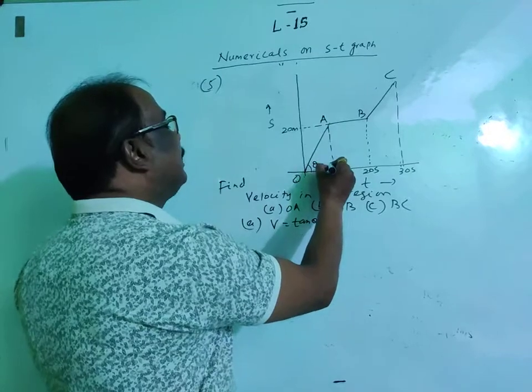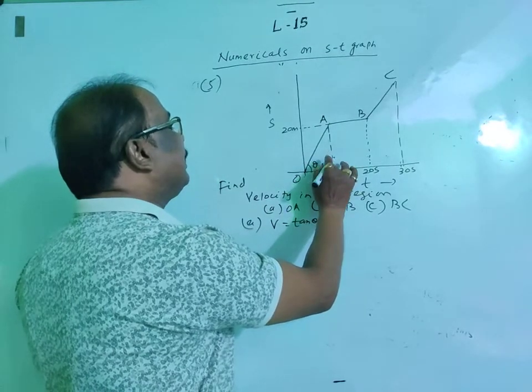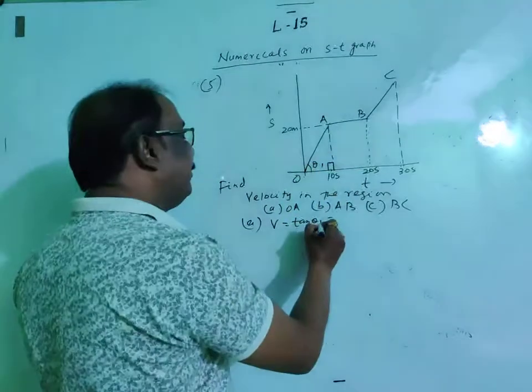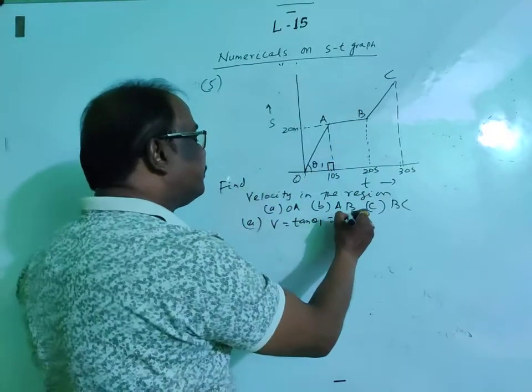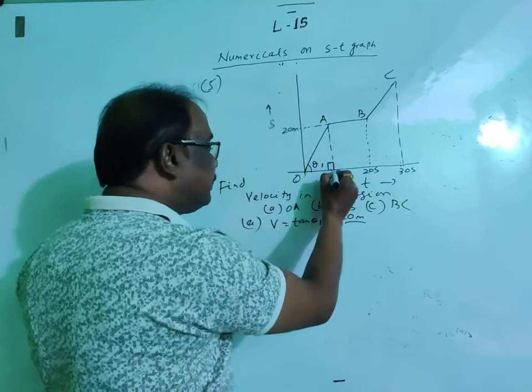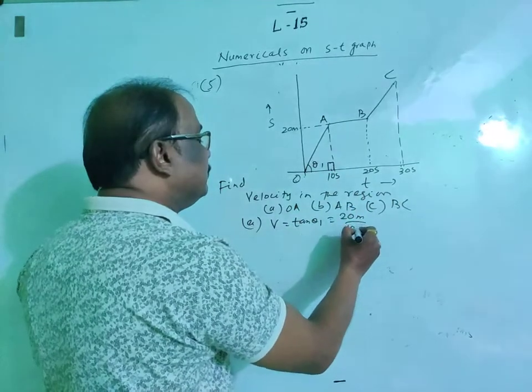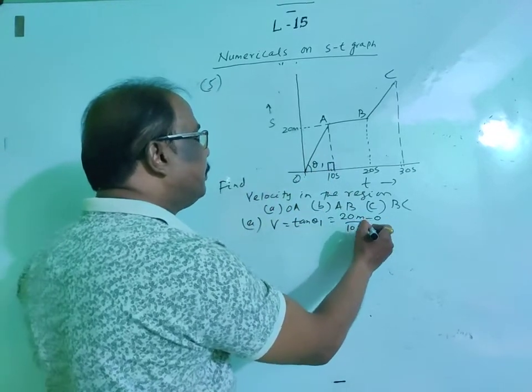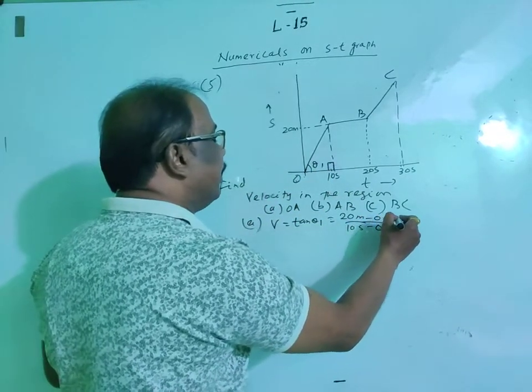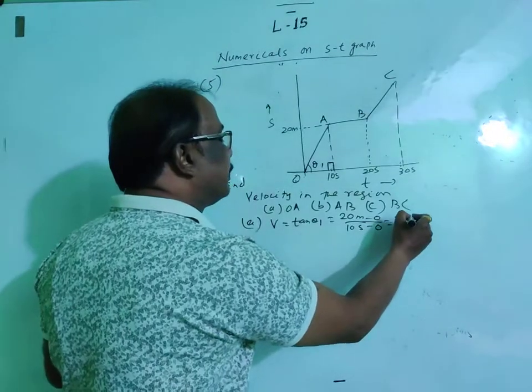From this right angle triangle, tan theta 1 is perpendicular upon base. Here perpendicular is 20 meter minus 0, and base is 10 second minus 0, and finally it is 2 meter per second.